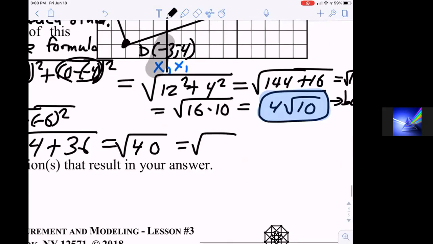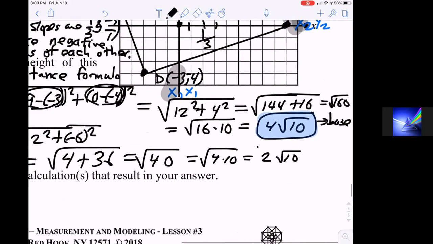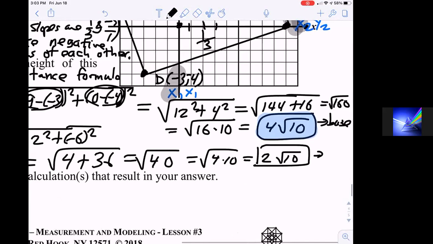Square root of 40 breaks down into square root of 4 times 10, or 2 radical 10. Right, and that would be the height.